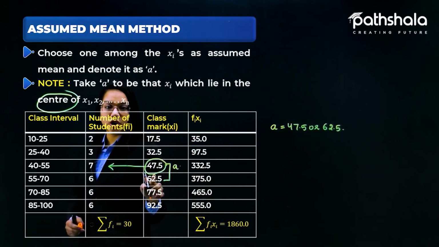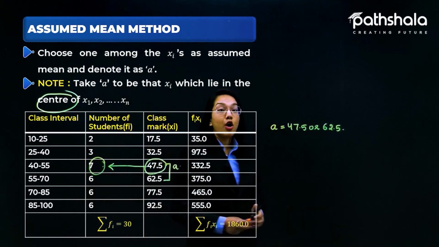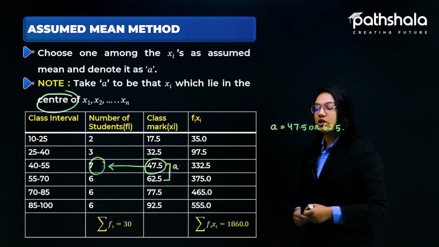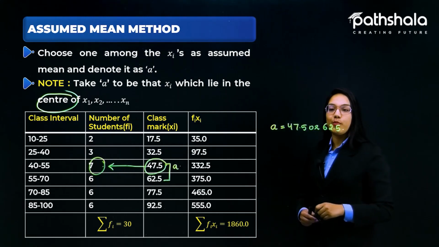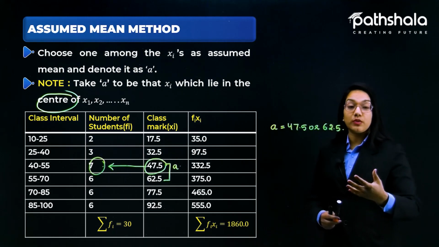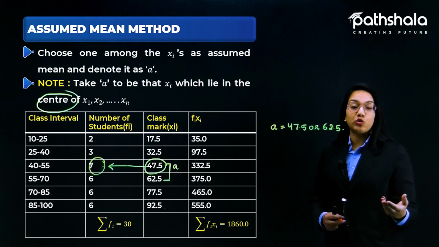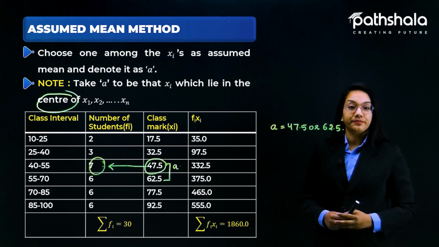Among these two, the greater frequency is with this one, so that's why I'm assuming 47.5 over here. Let's move on and see what further steps we can take to find the assumed mean of this given data.